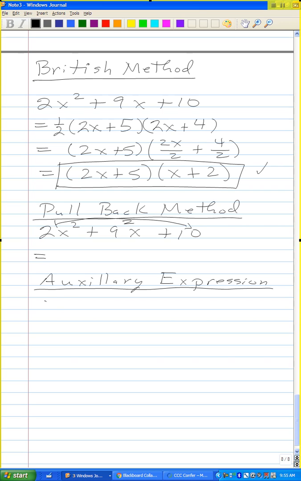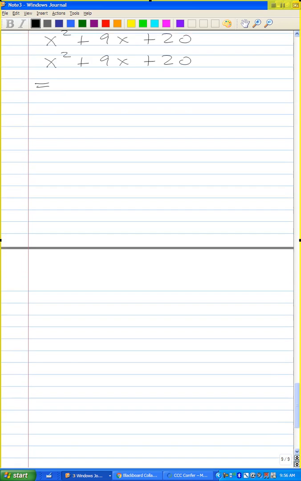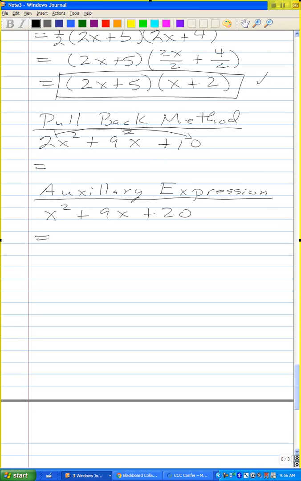And so the auxiliary equation is just x squared plus 9x plus 20, found by just bringing this 2 to the back. And so now let's factor. Notice in this particular case, this is just a monic polynomial, so I can factor it normally. And so x, using the above techniques, bring down the plus times plus is plus.